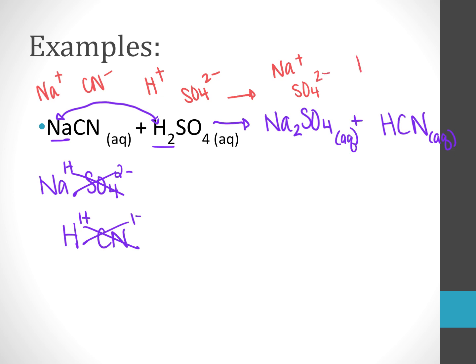And then hydrogen cyanide is aqueous, so you get hydrogen ions and cyanide ions. Okay, so look up here in my red. Is there any difference on the left side of the arrow compared to the right side of the arrow? No. Okay, do you see where we have exactly the same thing on the left as we do the right? Yes. Okay, so did you make a new product? No. Did you have a chemical reaction? No. So when you see a situation like this, you can just write NR for no reaction.